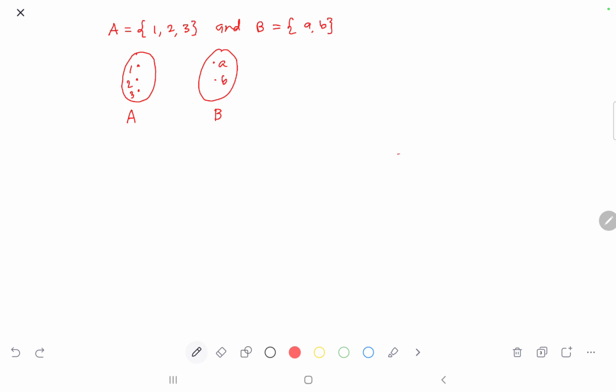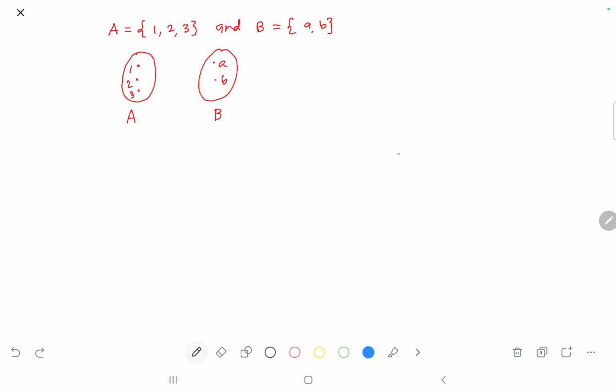How do you know it's a finite set? A finite set means the number of elements is finite: if you start counting and stop at some time, then the set is finite. Here, how many elements are in the set A? 3 elements, right?